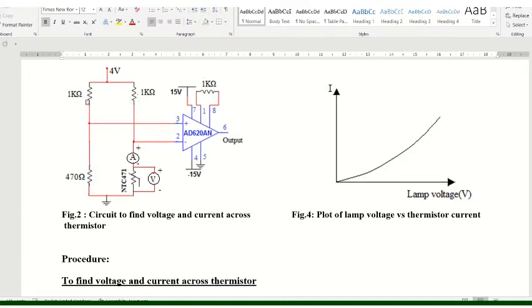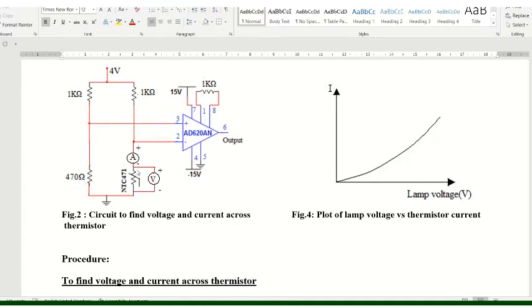In two arms of the Wheatstone bridge, we have connected 1 kilo ohm resistance. Since our thermistor is of resistance 471, which is an NTC 471, the other arm also will have the same resistance. So we are using 470 ohms here.